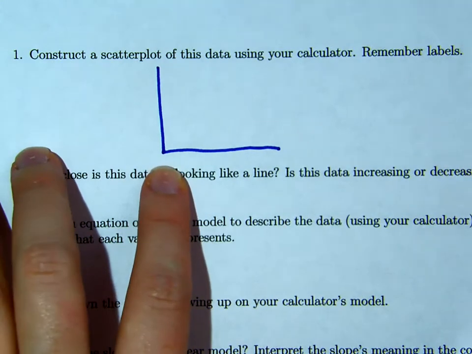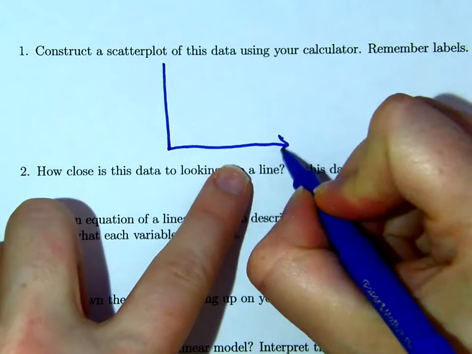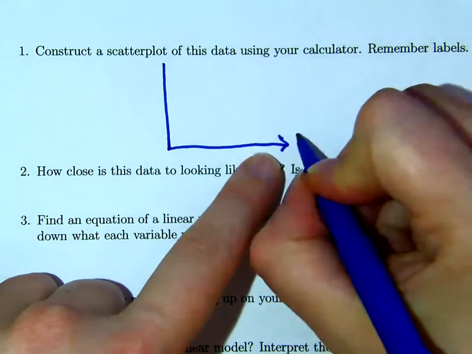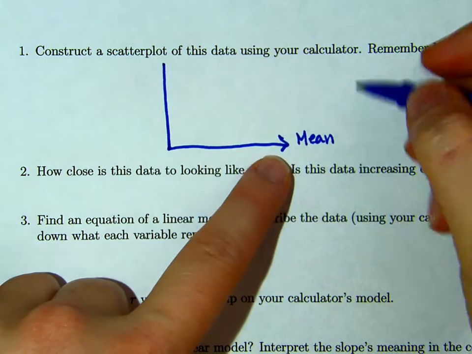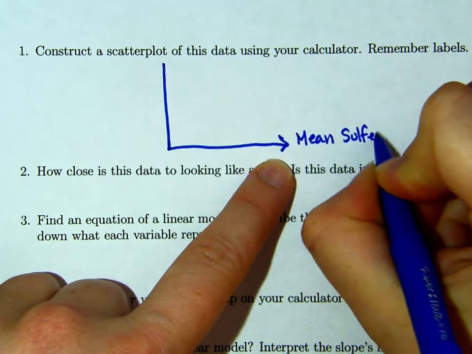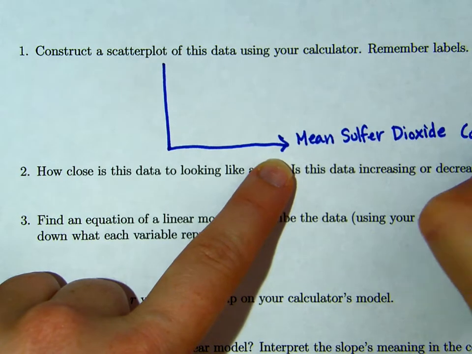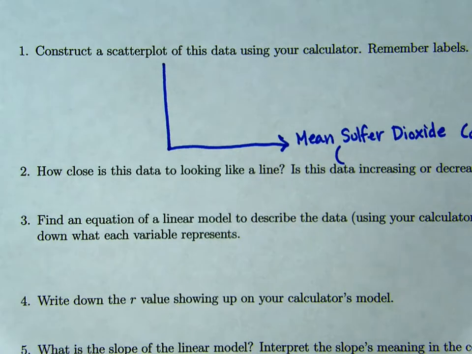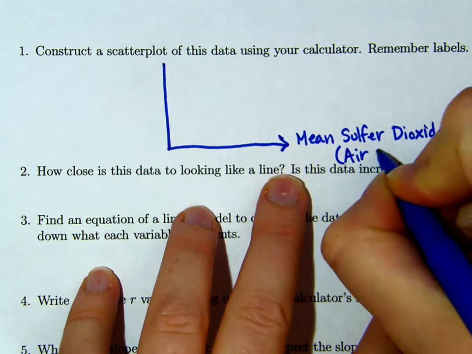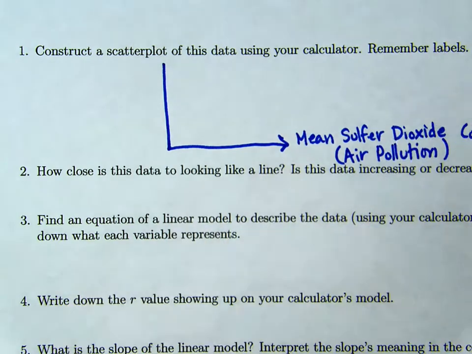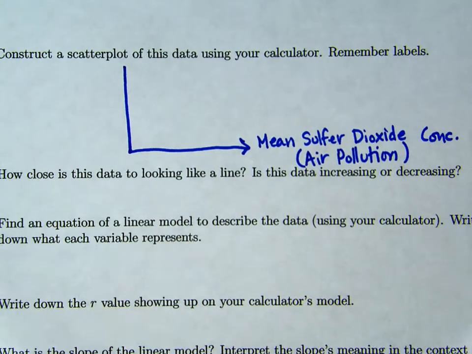Okay. We are thinking that the explanatory variable is the average sulfur dioxide concentration. So mean sulfur dioxide concentration. And they give the measurement. It's nice to put it in here, but instead of putting that in here, I'm going to say air pollution, just because I feel like readers relate to that more.